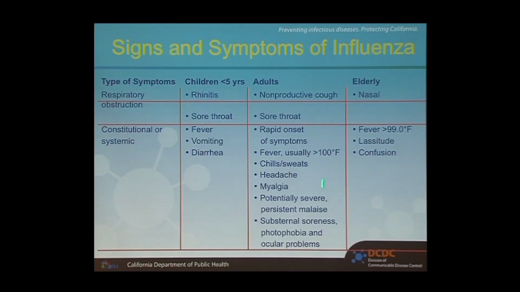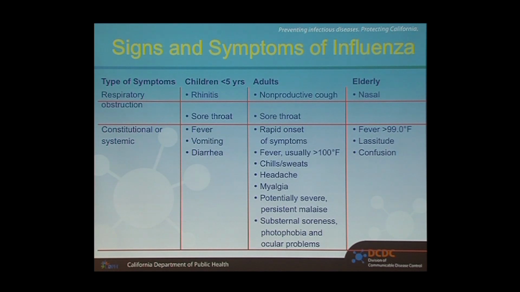In the elderly, it can present as mostly just being confused, or having a runny nose. You may not have a fever. Your temperature may actually be very low instead of very high. So we have a very low threshold for suspicion when we hear about an influenza outbreak in a nursing home, because even if no one's having a fever, that doesn't mean it's not influenza, so we often test anyway. The classic symptoms apply to your healthy adult, but there's a big variation in symptoms that we should be aware of.